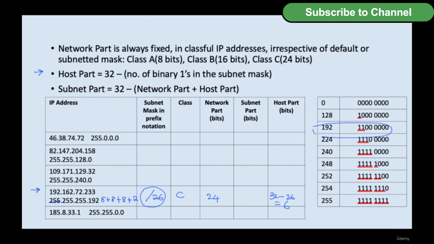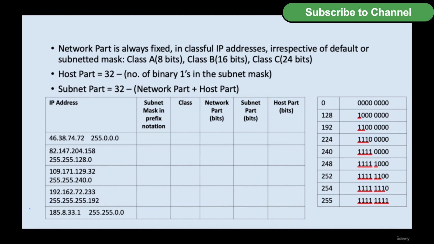Okay, and then subnet part, 32 minus network bits, which are 24, plus host bits, that is 6. So altogether I get the value 2. So if I add this 24 and 2, 26, 26 and 6 more, altogether 32. So it verifies that our calculations are correct.